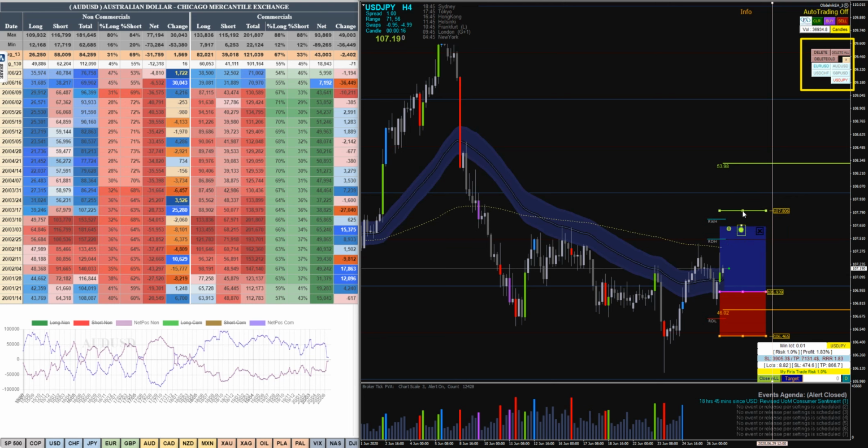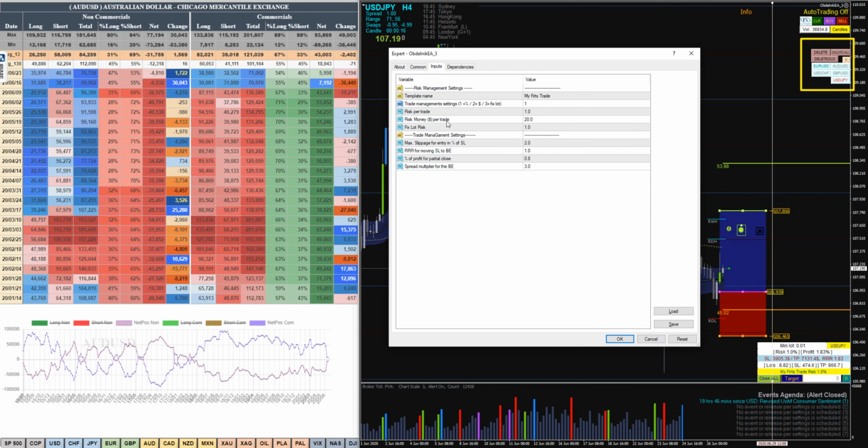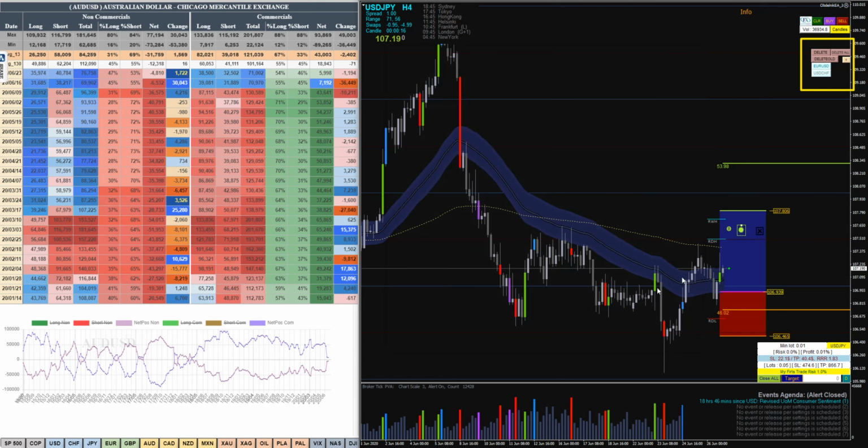As well, what I have here set up in this tool is this amazing thing that if the price moves to 80% of my target, it will automatically close half of the position and move the stop loss by itself to the break even, which is pretty cool.